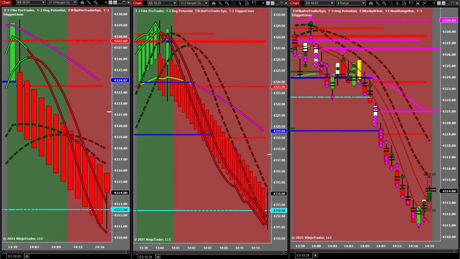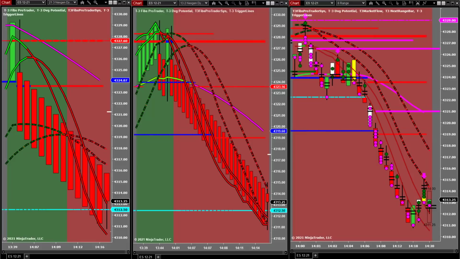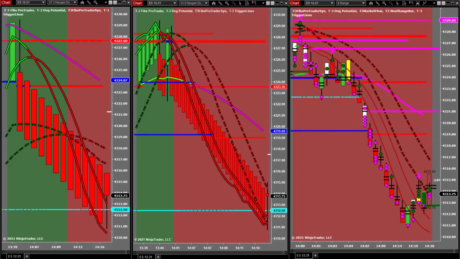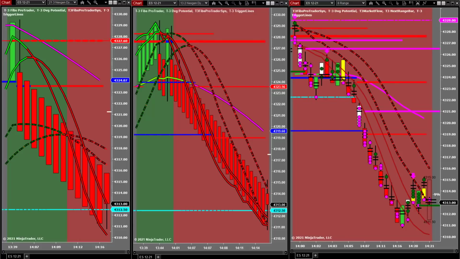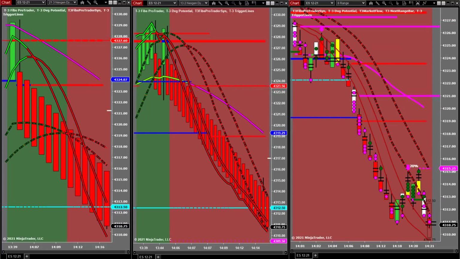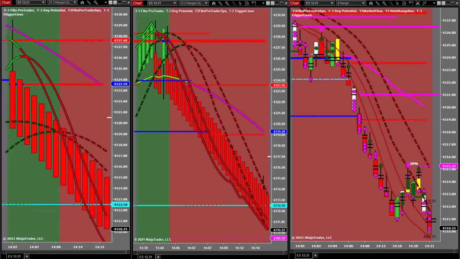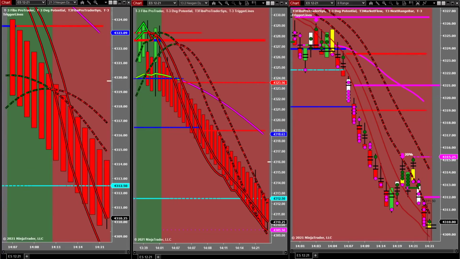Stranded sellers in a white paint bar, that'll do it, probably. High volume line, can't really take it because the triggers aren't going the right direction, but if they were, but they're not, so we won't. All right.